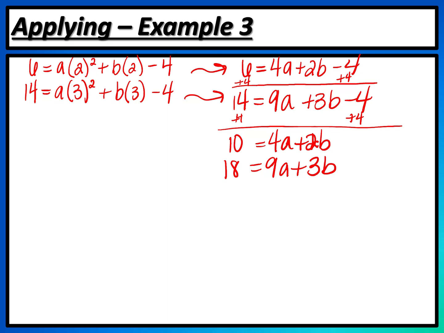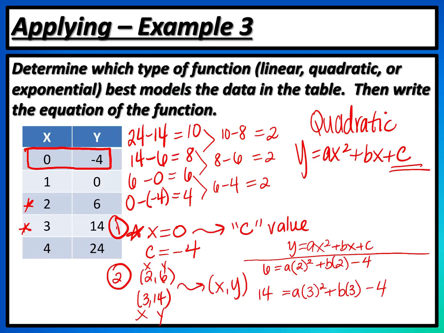Okay, so let's just pause for a minute and revisit how we got here. Okay, so we found our c value because that comes from the ordered pair matched with x equals 0. Okay, and that has to be given to you in the table. We then picked any 2 ordered pairs and we set them for x and y in a quadratic equation. We did that twice because they were 2 ordered pairs. So we plugged in for x and y.